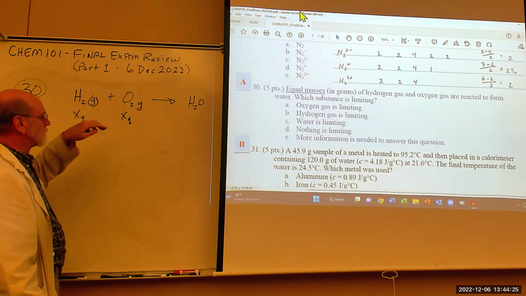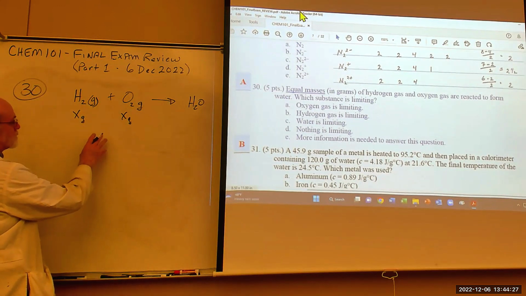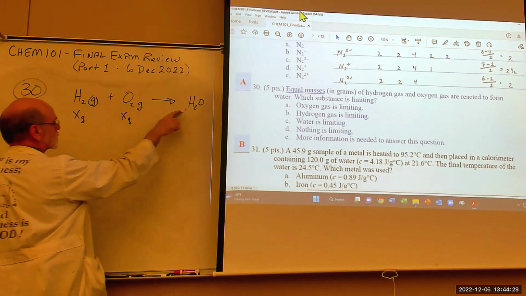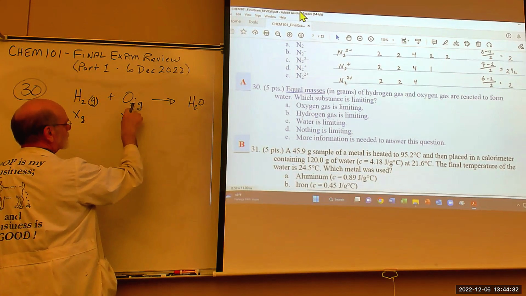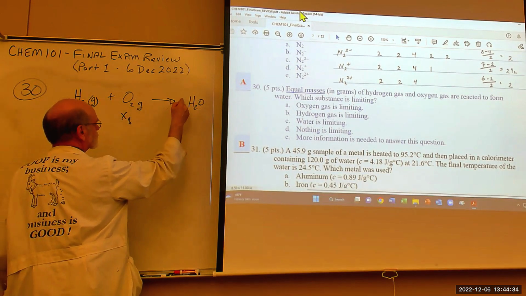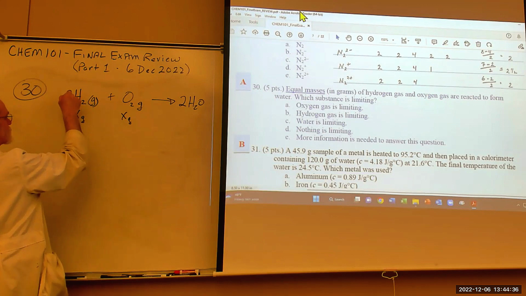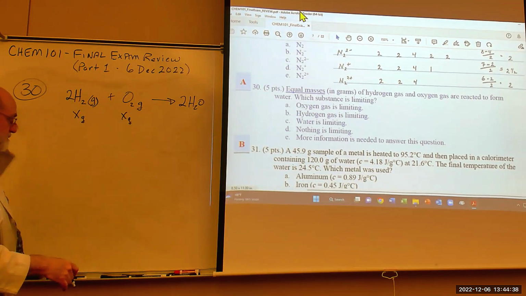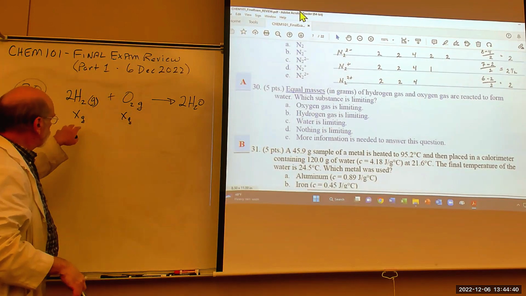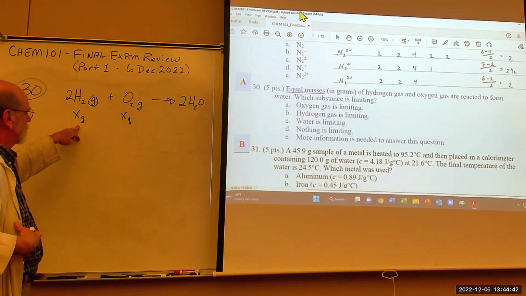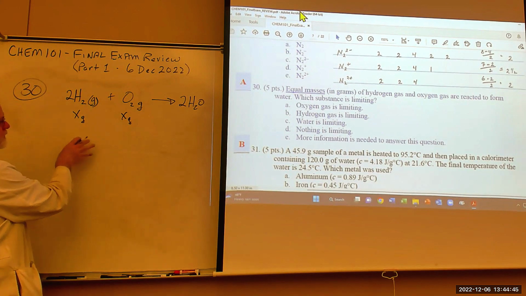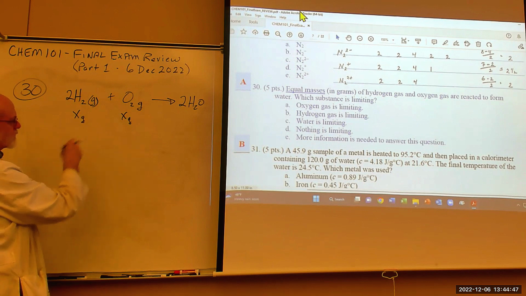Okay. We need a balanced equation first. So 2 hydrogens, 2 hydrogens, 2 oxygens, 2 oxygens. Now we need 4 hydrogens. There we go. Now we're balanced. So if we have equal masses here, what's the ratio of those masses to one another?